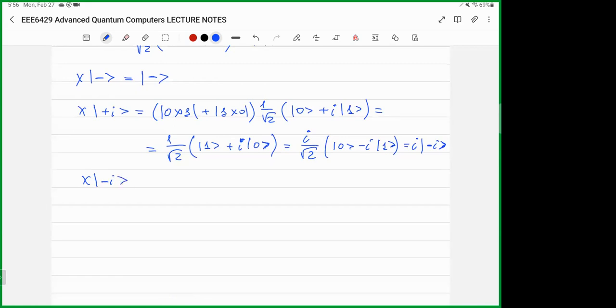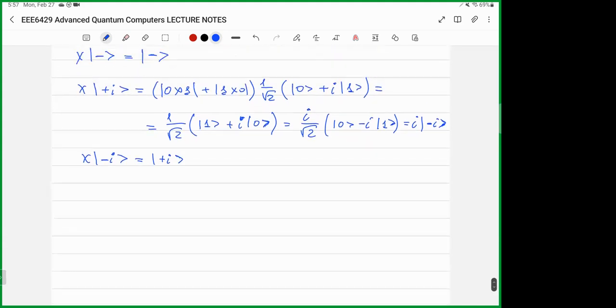And basically the same for the state minus I. If I apply the X gate on the state minus I, what will I get? I will get the state plus I. It's easy to see because the gate X is unitary, right? So I just return to the initial state.